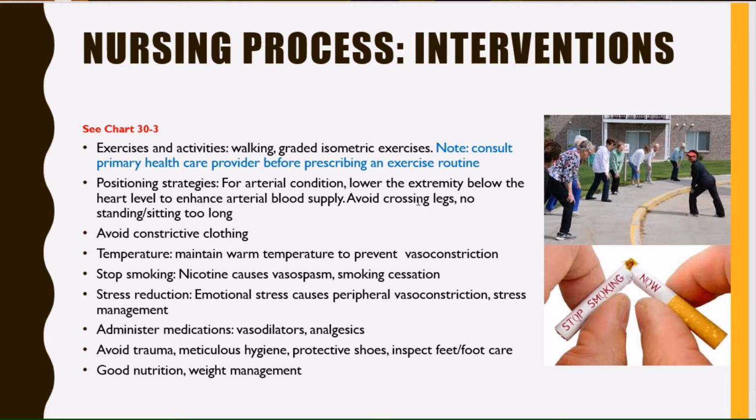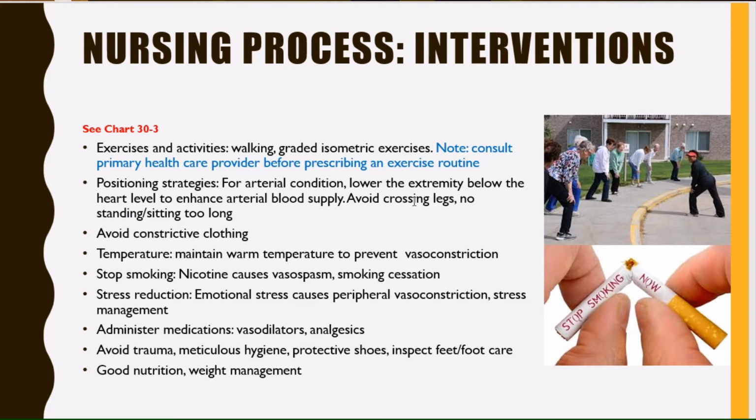Positioning, arterial condition, lower the extremity below the heart level to enhance the arterial blood supply, avoid crossing, no standing or sitting for too long, avoid constricted clothing. Temperature, maintain warm temperature to prevent vasoconstriction, stop smoking to prevent vasoconstriction, again, smoking cessation program, stress reduction, again, to prevent vasoconstriction.